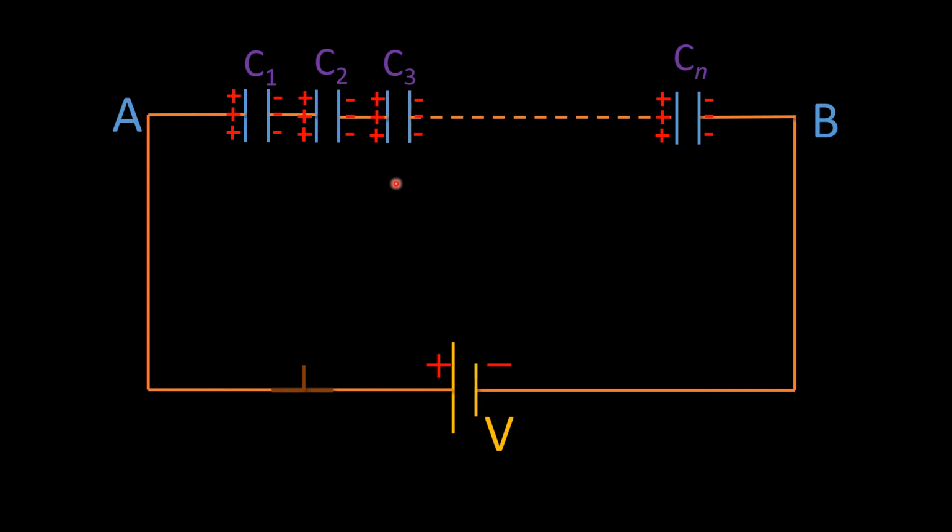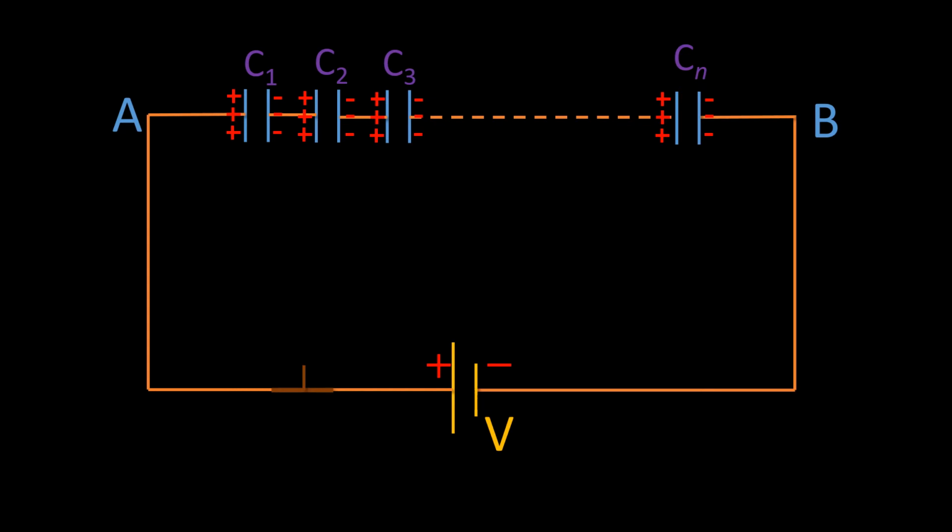And how much is the charge on all these capacitors? As the capacitors are charged by induction, all the capacitors have the same amount of charge. But if you consider the potential of the first capacitor, second capacitor, third capacitor, the potentials will not be the same.